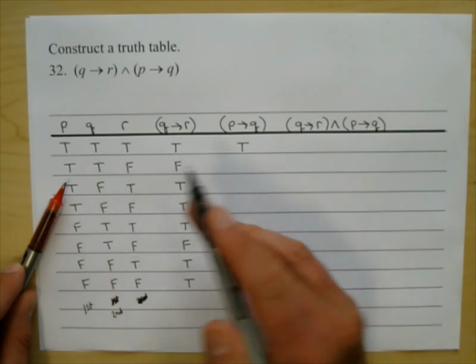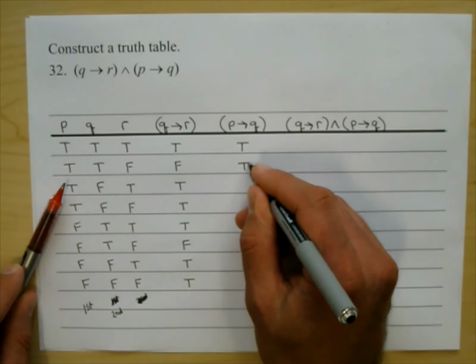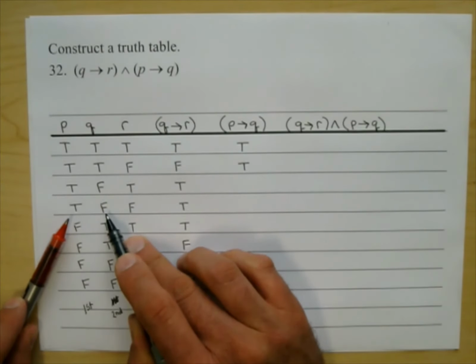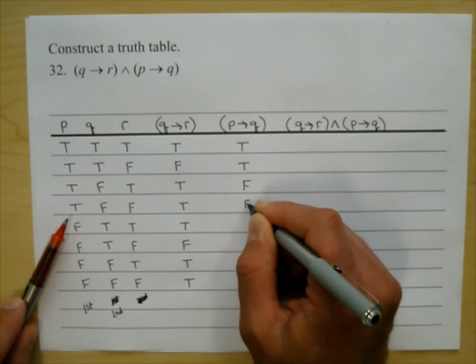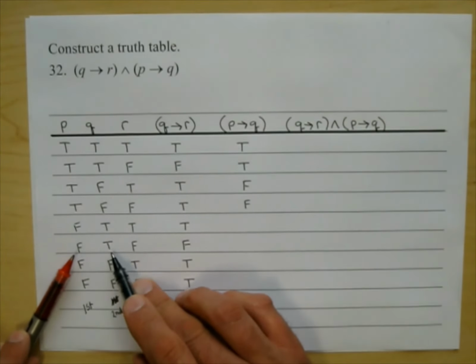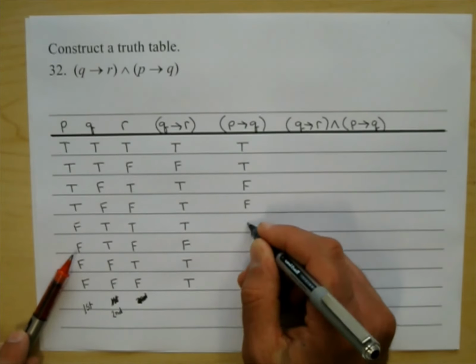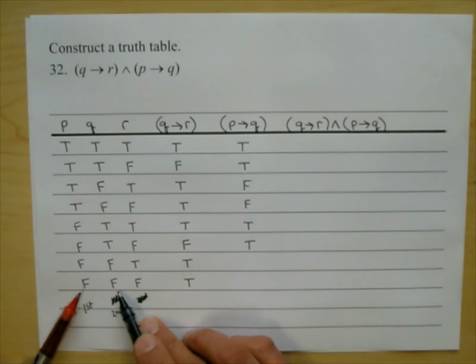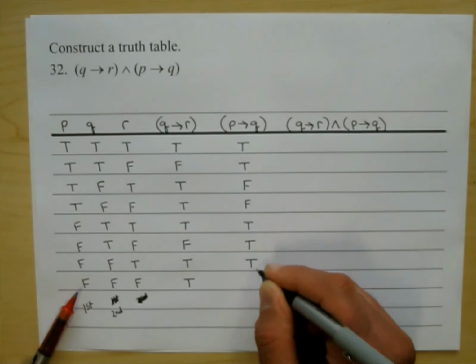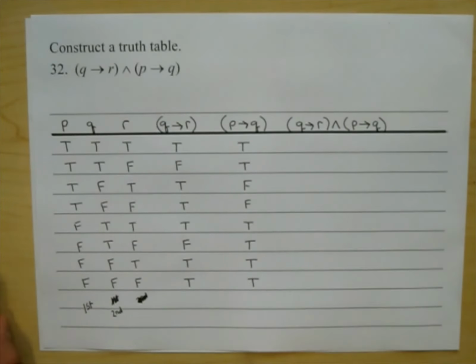If true then true is true. If true then false, those are both false. If false then true, those are trues. If false then false, those are also trues. So, whew, we got through that column.